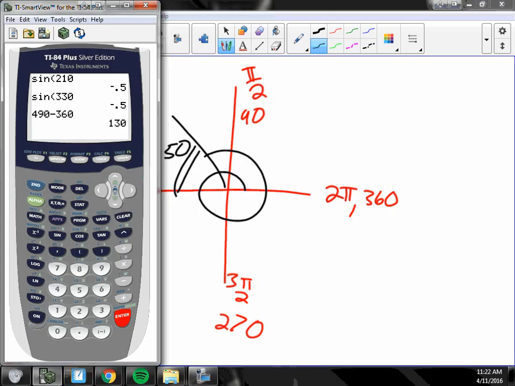Now, if we can change positive angles, can't we change negative angles? So if I had negative 130 and I don't like it, I just add 360 to it and then graph this angle, because direction and number of rotations doesn't matter. We don't care how many rotations there are. All we care about is where you stop. The reason is the sine of 30 is 0.5. Well, what if I add a full rotation?